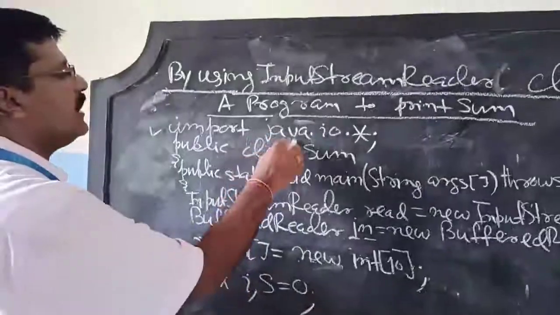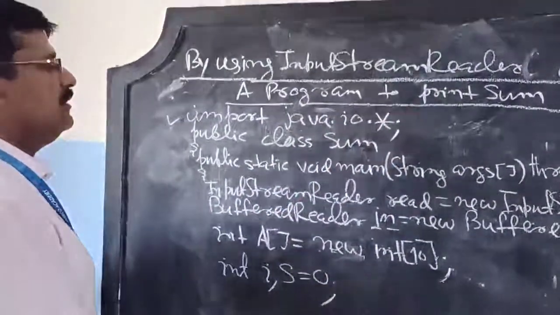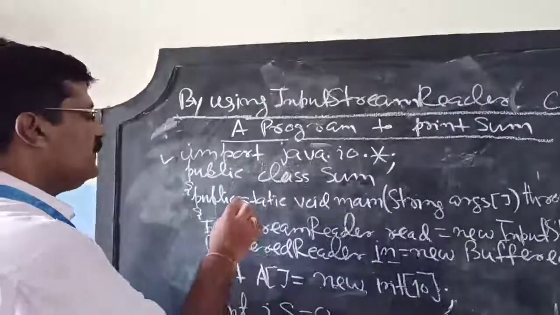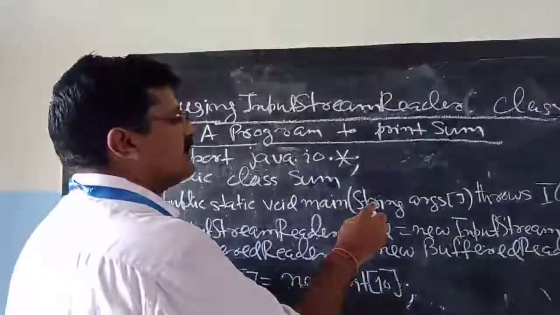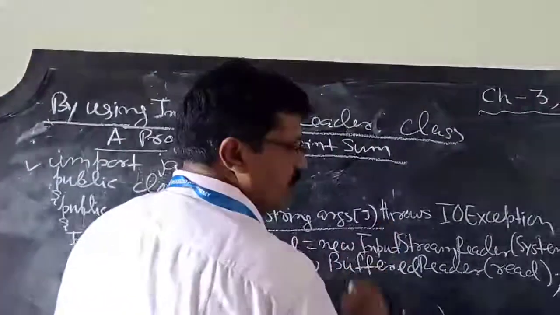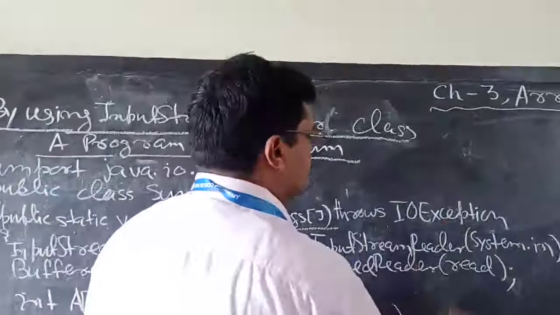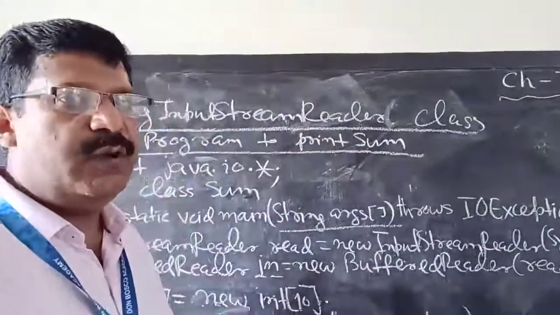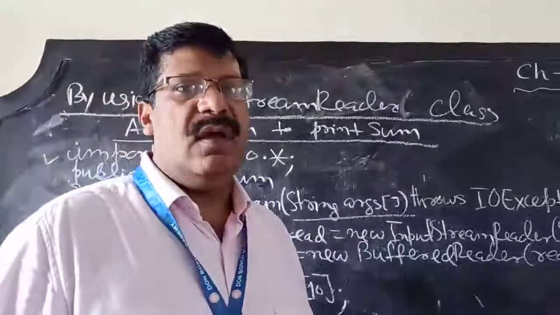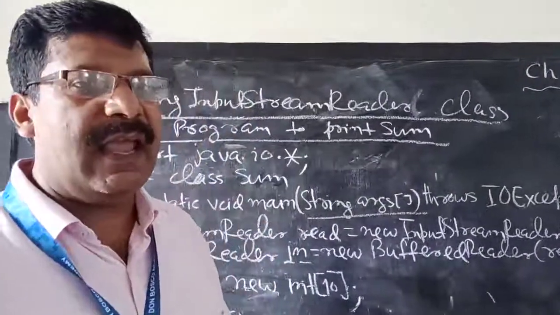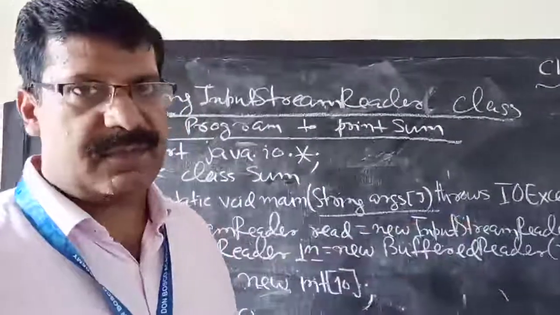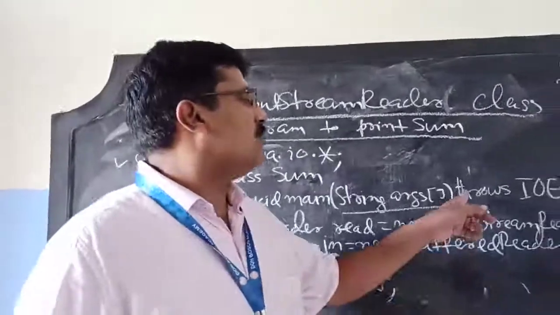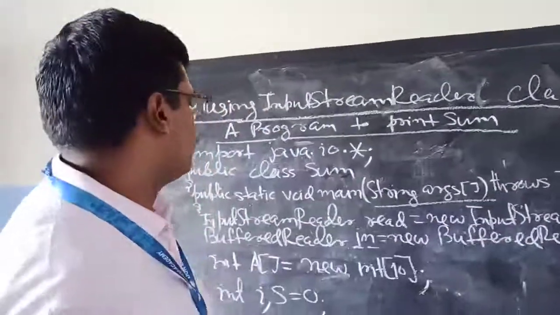So import java.io.*; public class Sum. public static void main(String args[]), still here no change. throws IOException, input output exception error. So during the execution of the program, if any input output error comes, that will be tracked. So you write throws IOException.